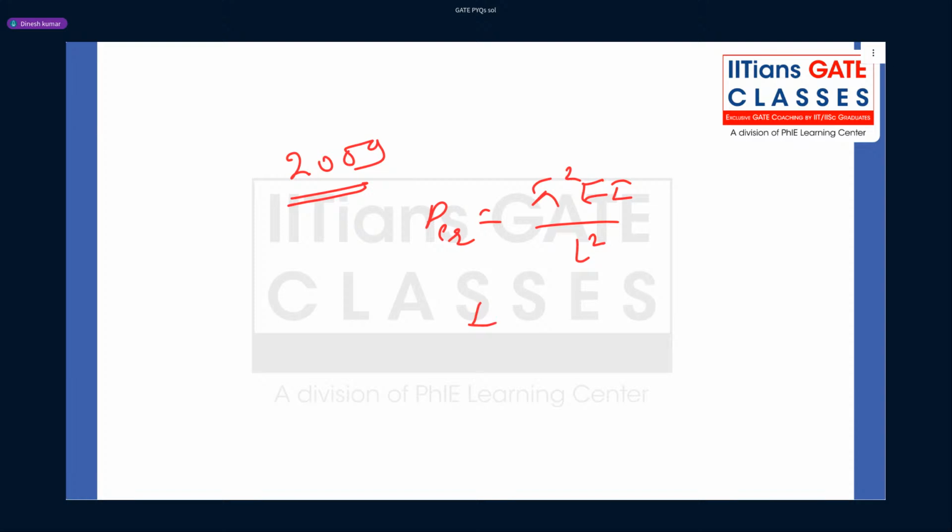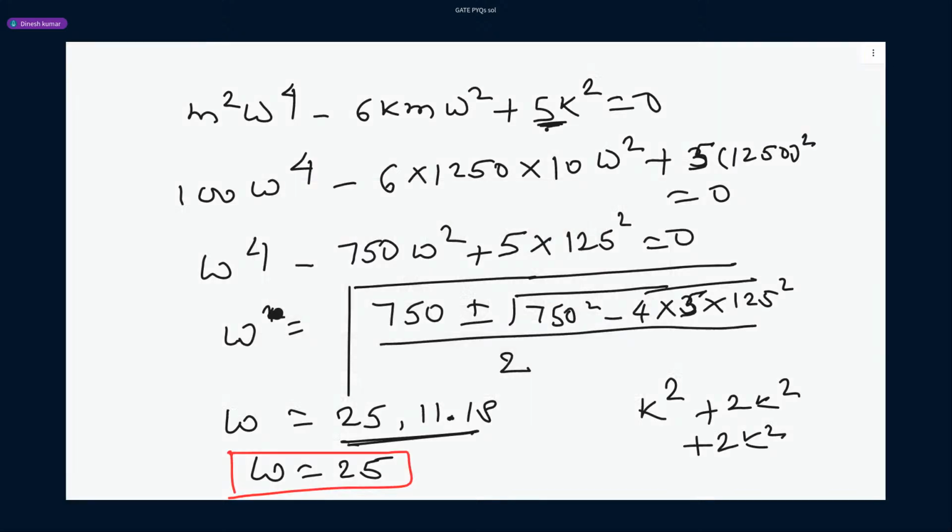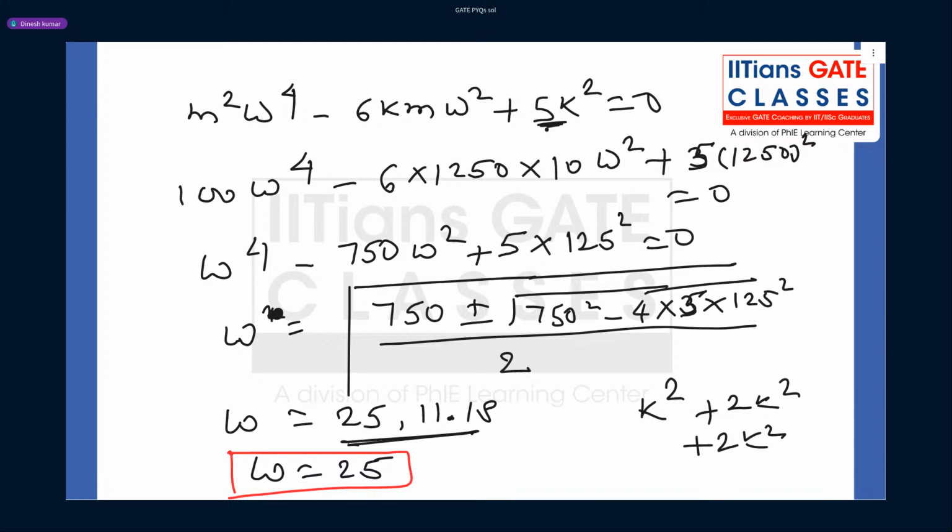Now tell me guys here, what is the I value? Is it the minimum or maximum? So the I value, in case of column P critical, should always be I minimum.